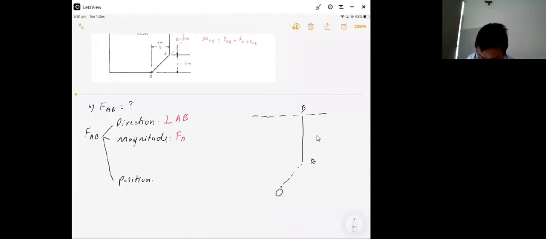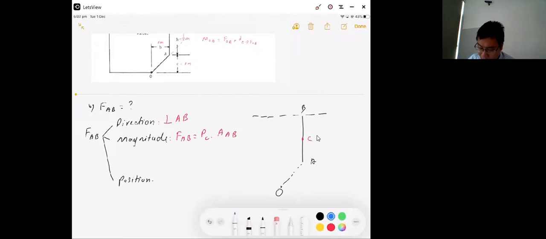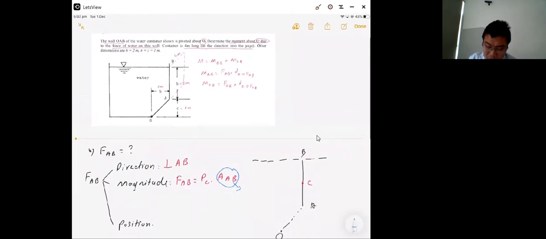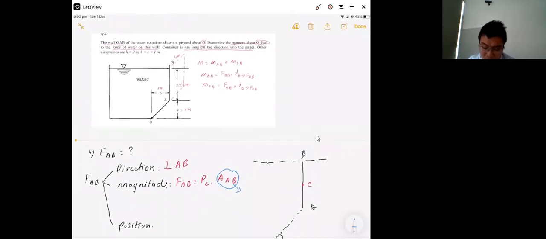The force applied to AB is equal to the pressure applied to C, where C is the centroid of AB, PC, times area AB. Okay, force equals pressure times area. With area AB, we have AB is 2 meters, and this wall into the page is 4 meters long.